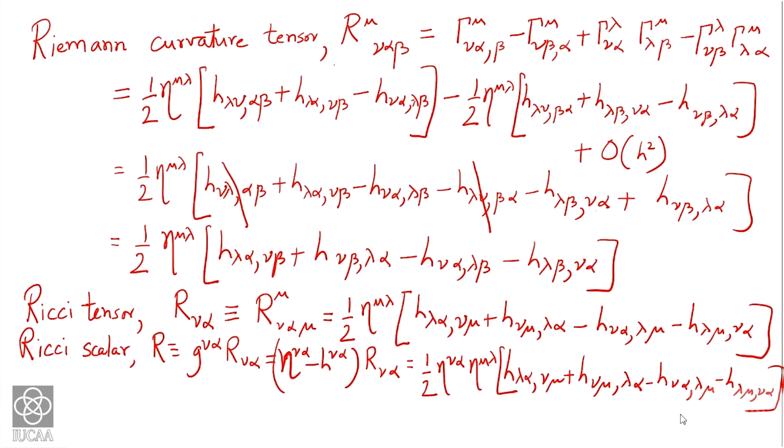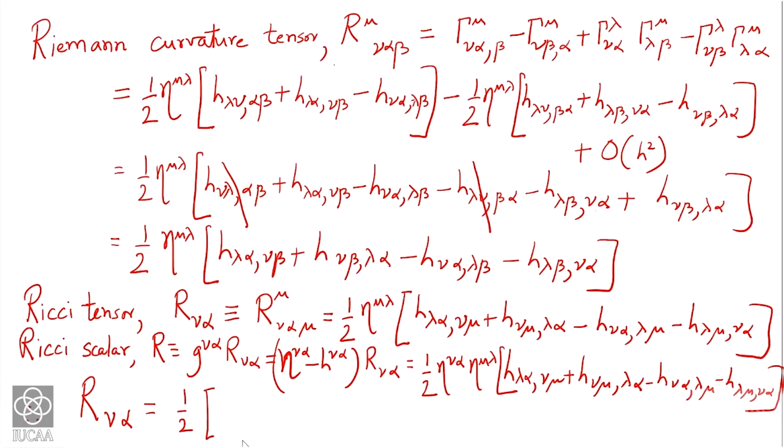Now, let us re-express, because I am raising and lowering only with the Minkowski tensor. So, let us look at R nu alpha by raising the index using eta mu alpha. So, therefore, for R nu alpha, I will use the eta mu lambda to raise the index.